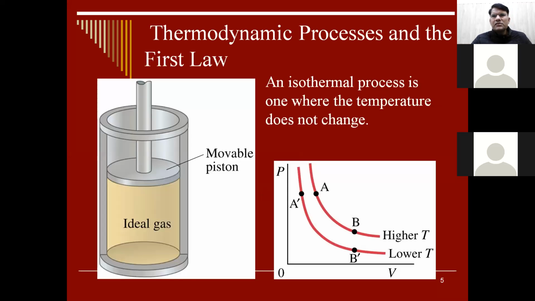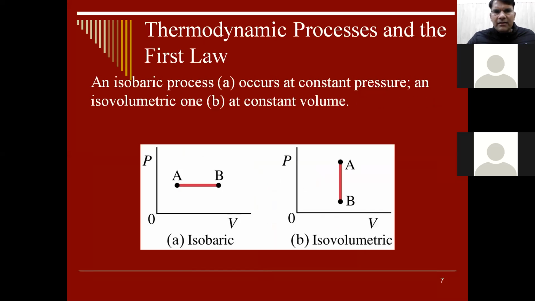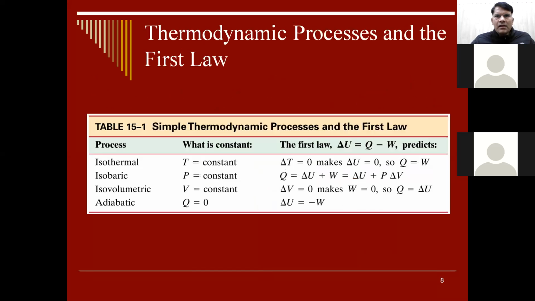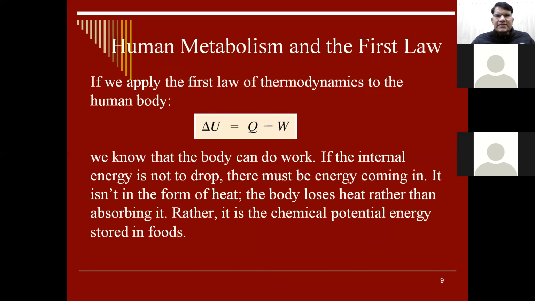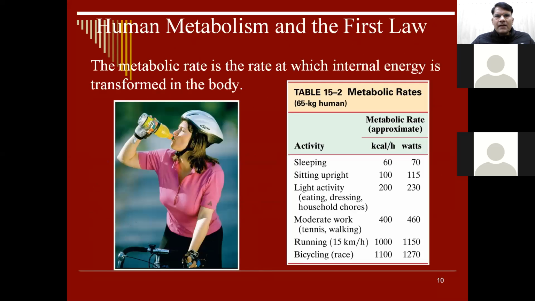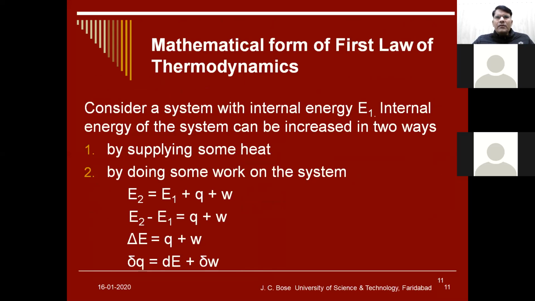Some processes we have discussed. What is the meaning of isothermal, adiabatic, and isochoric or isovolumetric processes? Later on, we also discussed human metabolism and its relationship with the first law of thermodynamics. And the mathematical form of the first law of thermodynamics we have derived.